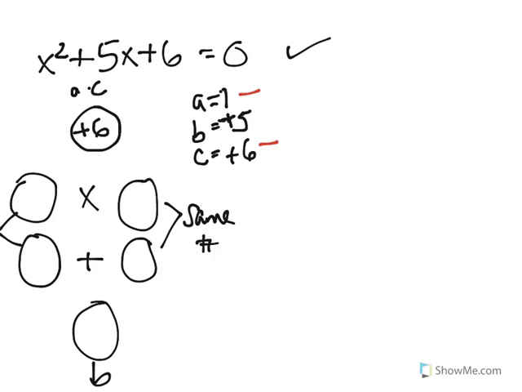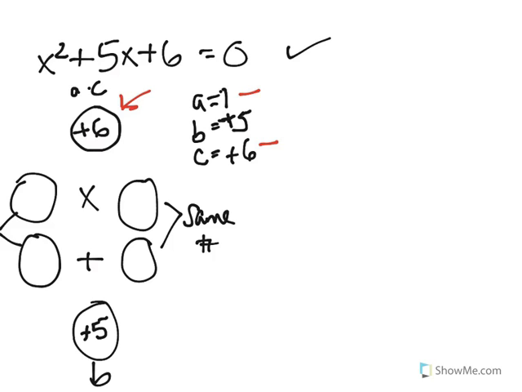B is going to go in the bottom. We have plus 5. So we need to find the factors of A times C that add up to B. I just start listing the factors of positive 6 in order to find out what our numbers are going to be.